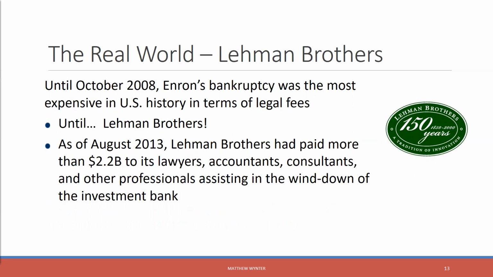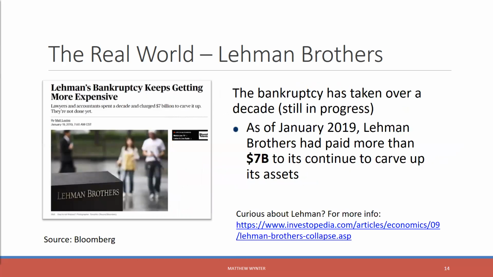This bankruptcy process has been ongoing. 5 years into Lehman Brothers' bankruptcy, as of August 2013, Lehman had paid more than 2.2 billion to its lawyers, accountants, consultants, and other professionals to assist in the wind down of the investment bank. By 2019 and still today, this bankruptcy has gone up to 7 billion, again in legal fees, consultants, accountants, all of it, to carve up the firm's assets.